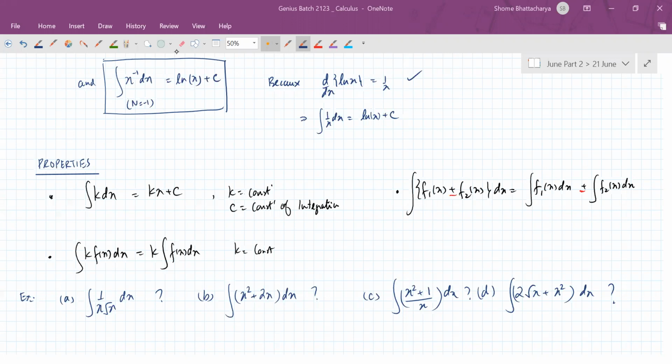So integration is the reverse. If the slope of the tangent at a point is this value f'(x), then what is the value of the function at that point? That is your integral. You understand? It's the reverse process of differentiation. Differentiation gives us the derivative. What is the derivative? It is the slope of the tangent at a point. And now we're asking to find a point from the slope. Okay, sir.